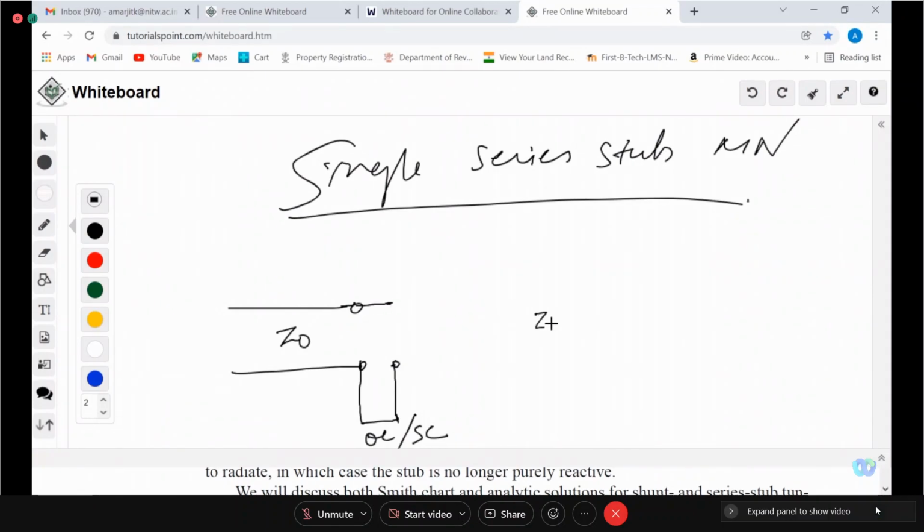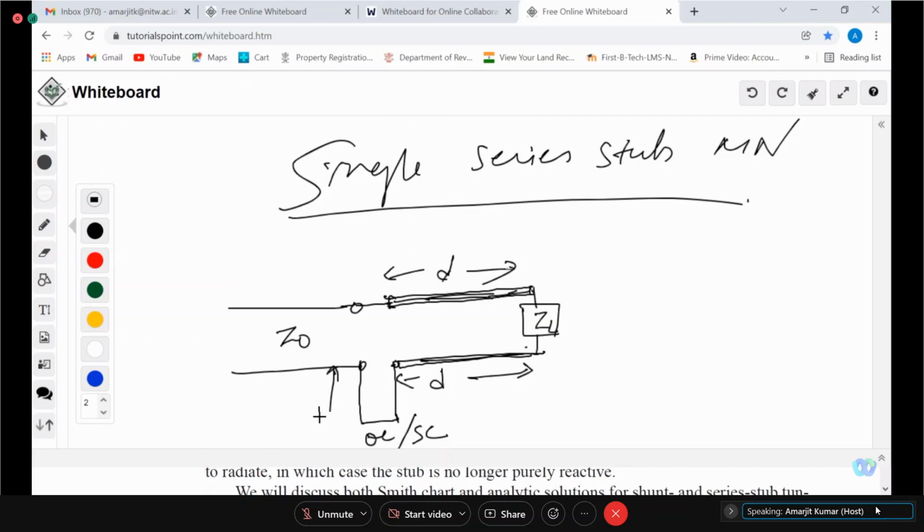And here we have ZL, and down length d from the load we have a transmission line. So this is of course d that we have to find, and it is the length of the stub that we have to find. This is also Z0 or Y0.